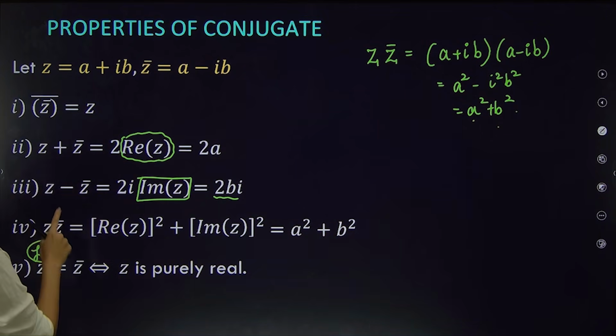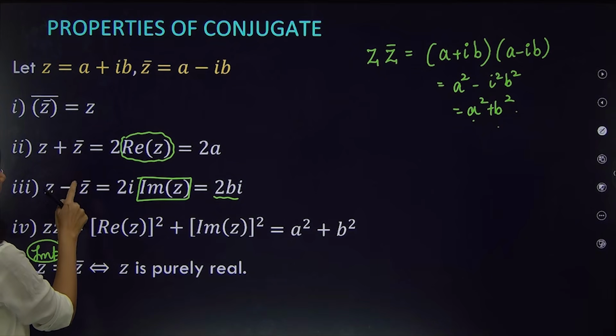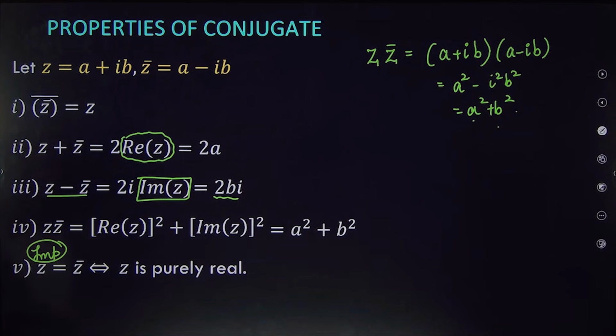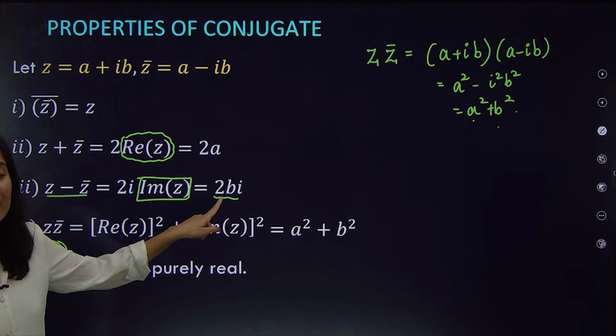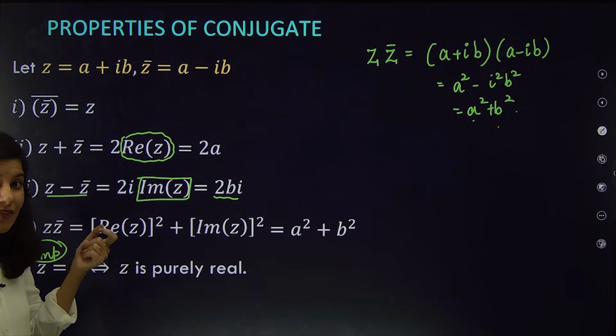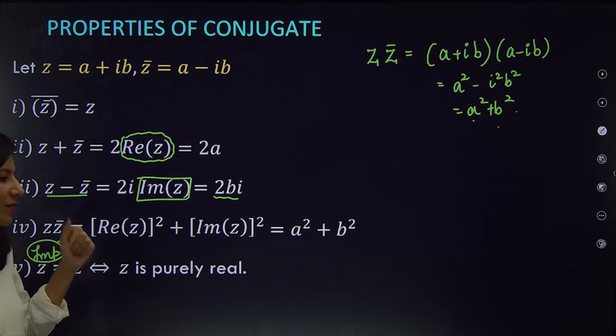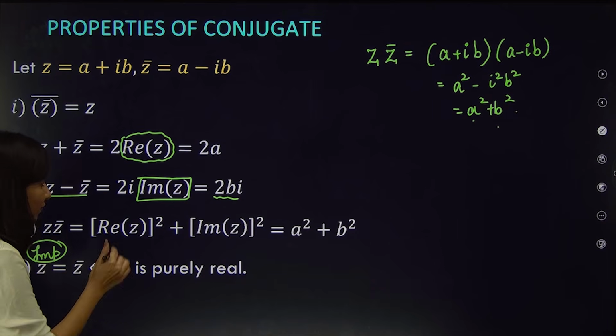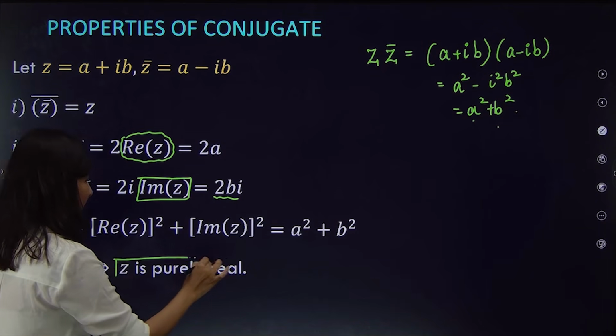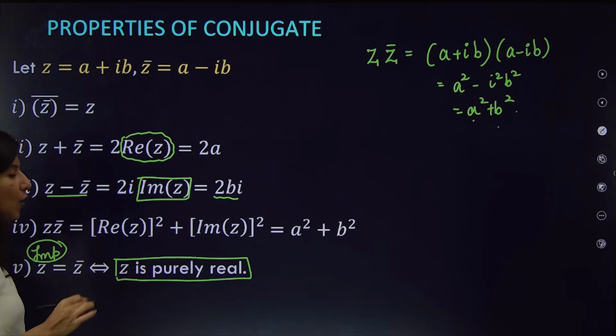Clearly from here also, z minus z bar is becoming 0, that means b is becoming 0. B means the imaginary part is 0. If the imaginary part is 0, then the number is purely real, yes or no? So if z minus z bar is 0, or you can say z equals z bar, very important, you have to remember this. This is the condition of purely real.